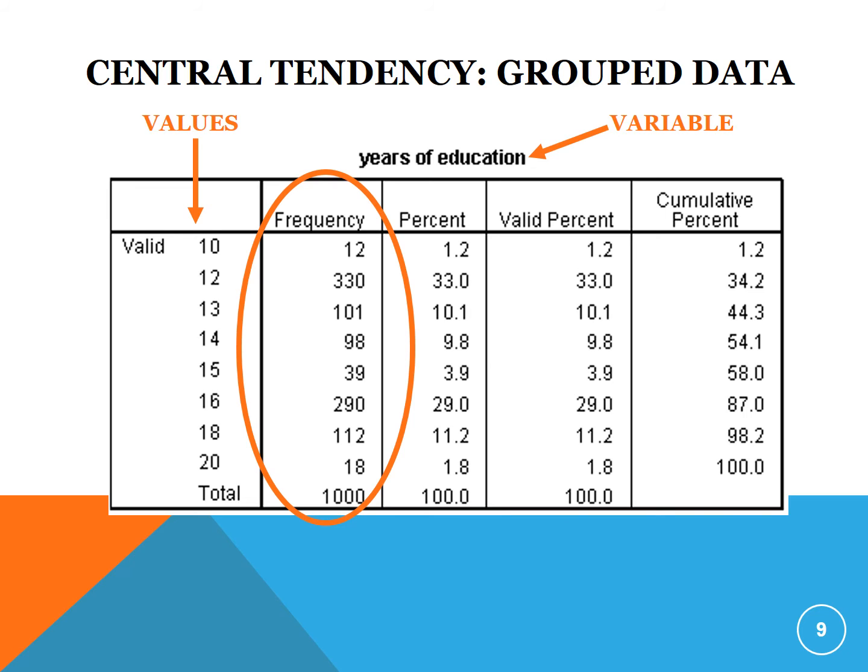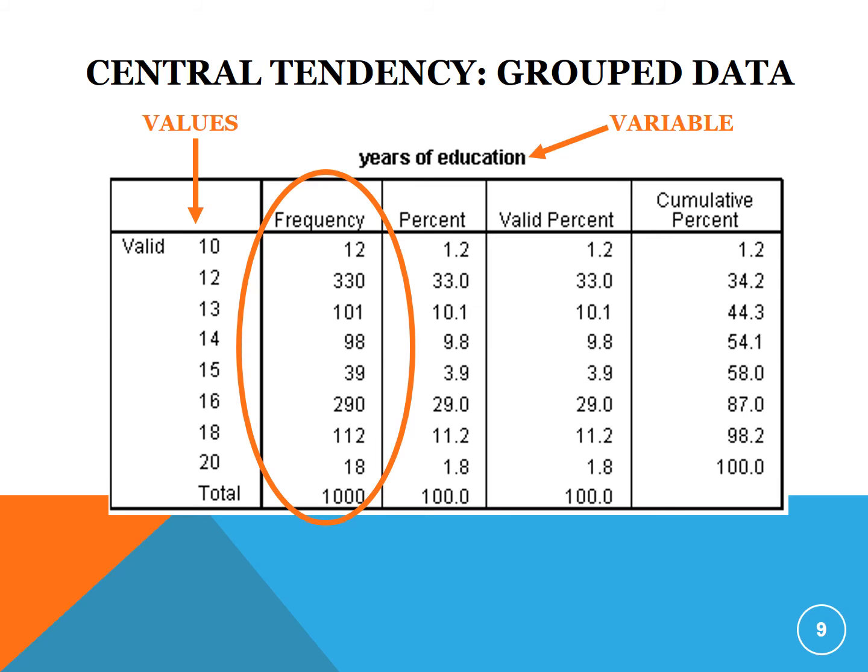Okay? 330 people graduated high school, or that's their highest degree. More than 330 people graduated high school because there's 13 and 14 in the value 15 and so on, right? But the highest degree for most people, for those 330 people, was a high school degree.